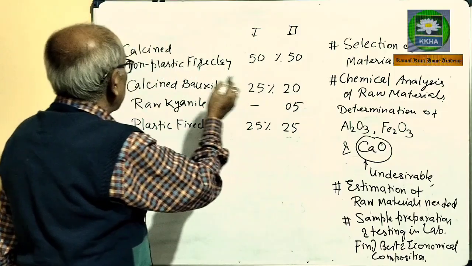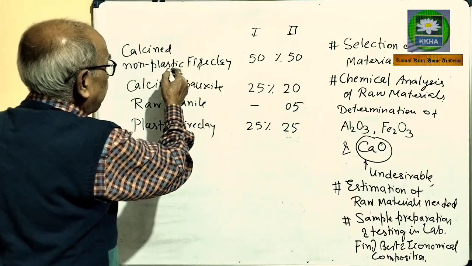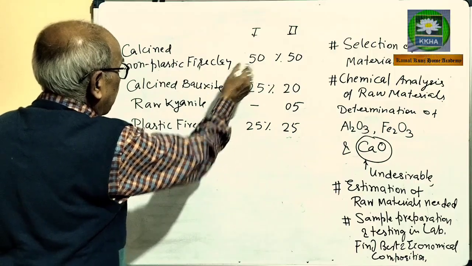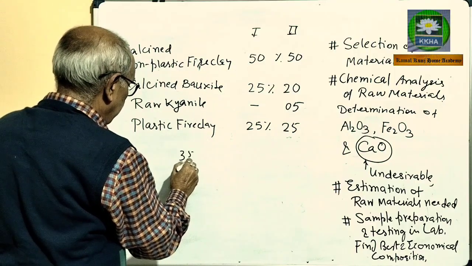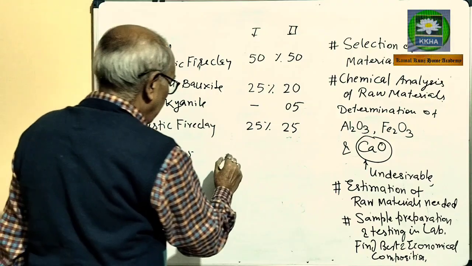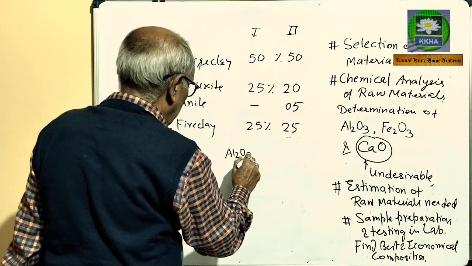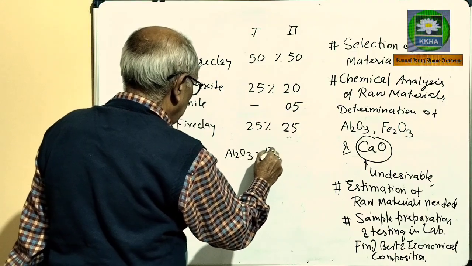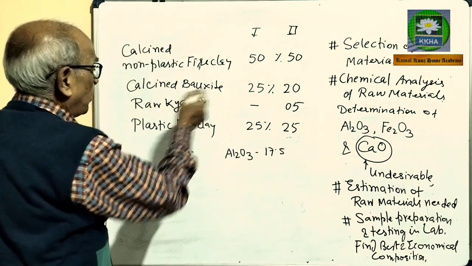Now if you calculate, if alumina is around 35%, then 50% will be 35 multiplied by 0.5, which is 17.5%. So alumina from calcined clay comes out to 17.5.